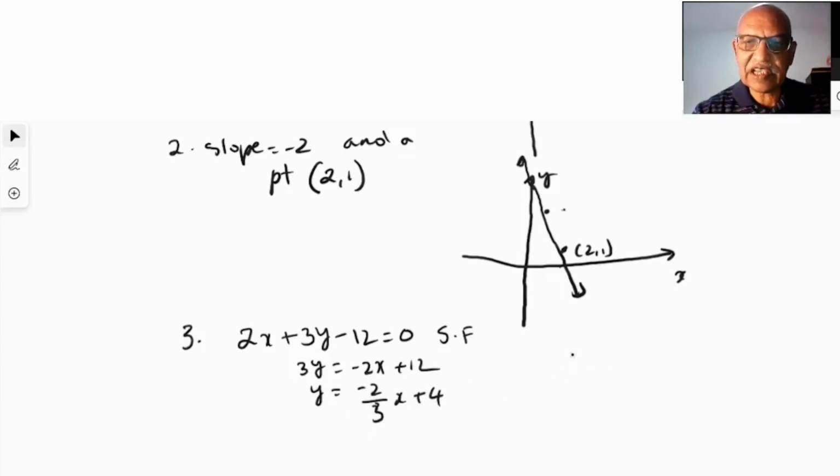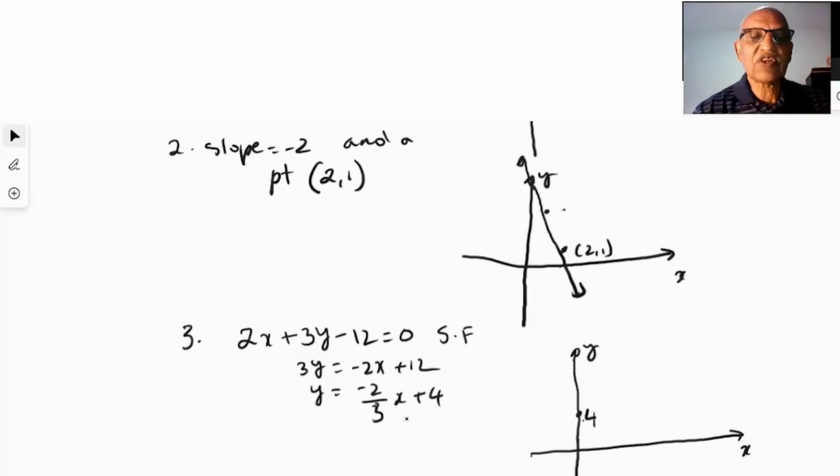So exactly the same way as I did before. I start with the point, the point is 4. 1, 2, 3, 4. Let's say 4 is here. Now the slope is negative 2 over 3. It means I always go up, as I said before.